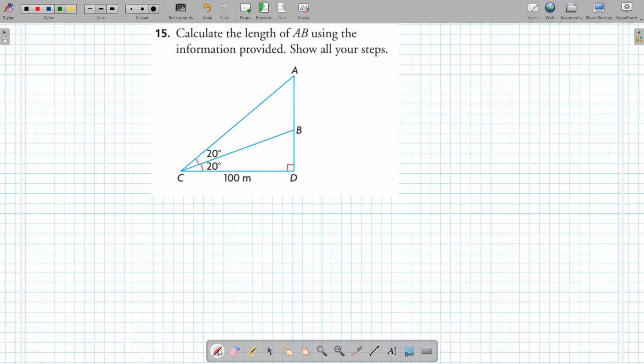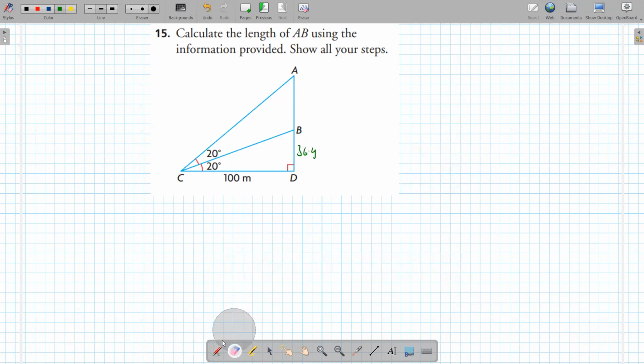Can we find BD right now? Yes. So that's going to be a tan. So tan 20 is BD over 100. It's a tan because that's the opposite, and you're given the adjacent. So BD would be 100 times tan 20, which is 36.4.